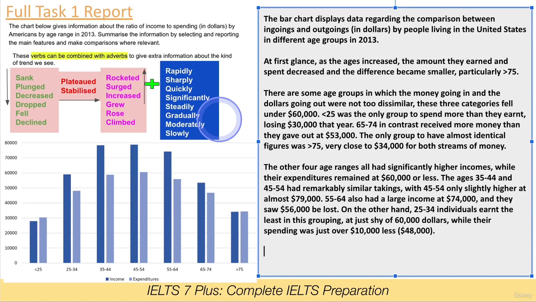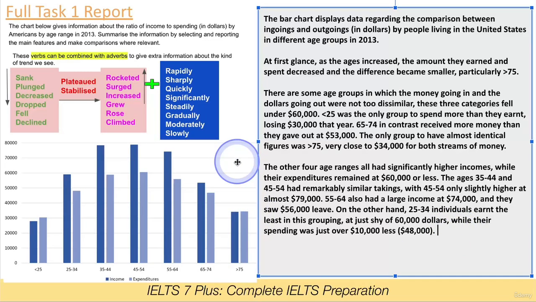The ages 35 to 44 and 45 to 54, just checking those numbers there, had remarkably similar takings, with 45 to 54 only slightly higher at almost 79,000. 55 to 64 also had a large income at 74,000, and they saw $56,000 be lost. I'm not sure about the be lost. Maybe leave.